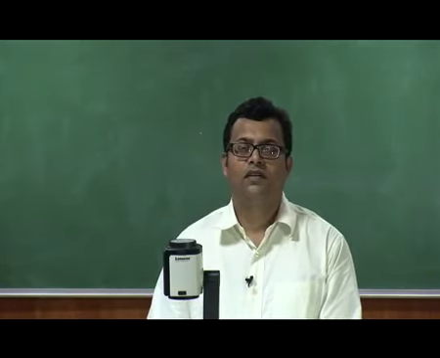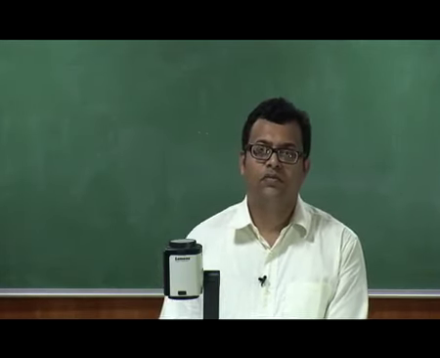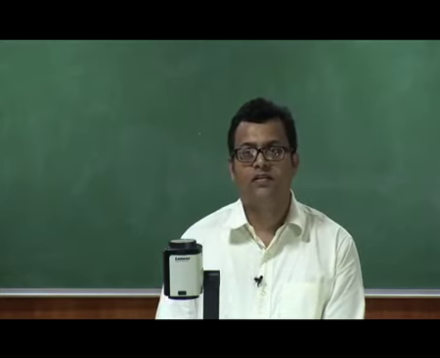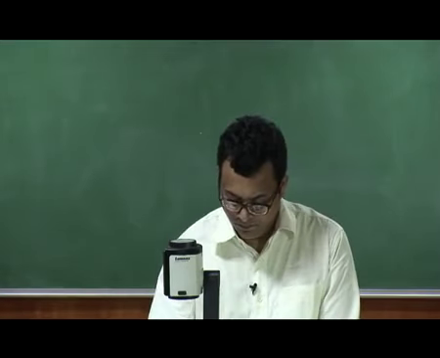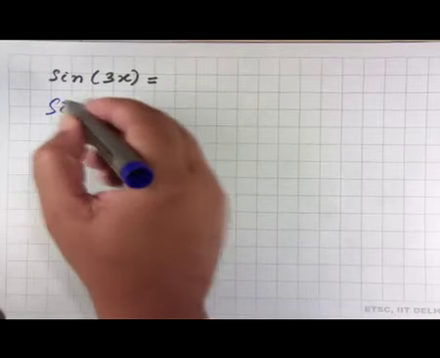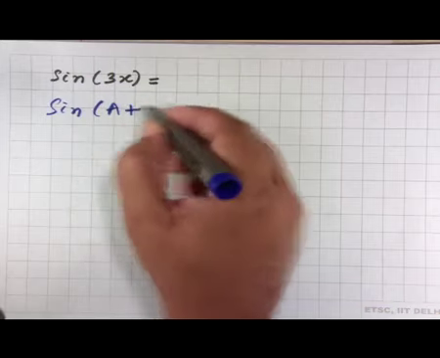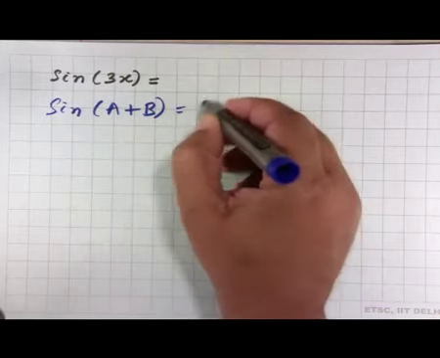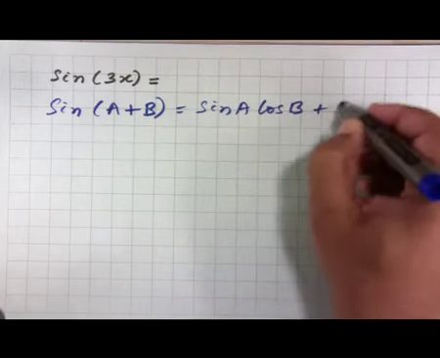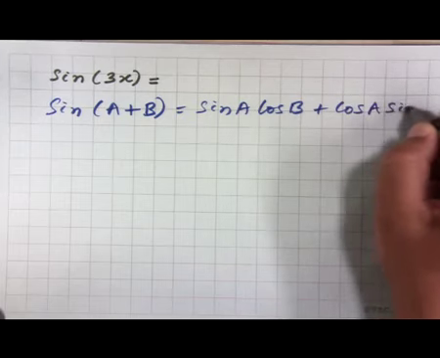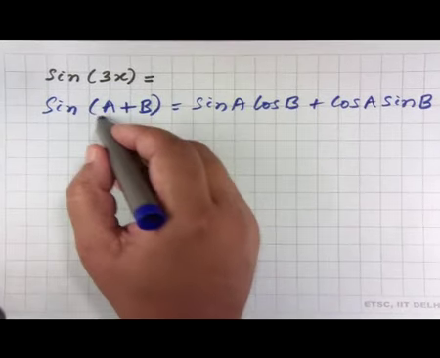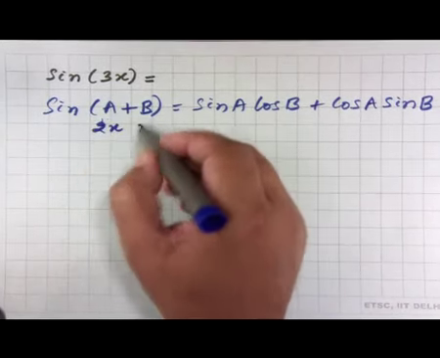Similarly, we now derive another expression to compute the sine of 3 times x, sine of 3x in terms of sine of x. So, again for sine of 3x, we are going to use the formula sine of a plus b equals sine a cos b plus cos a sine b, and we are going to put a as 2x and b as x.